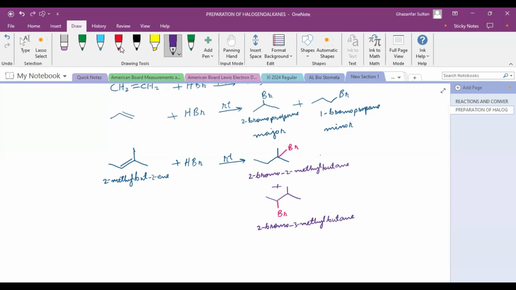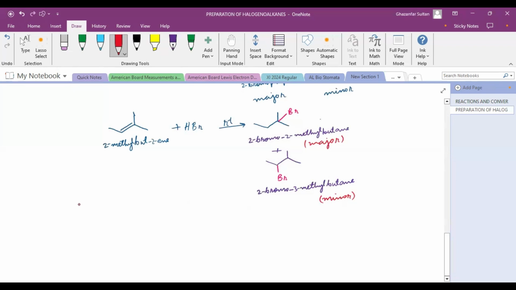So why does it happen? Important point is this. Remember that this is the major product and this is the minor product. So what is the reason for the formation of major and minor product? This is called regioselectivity.